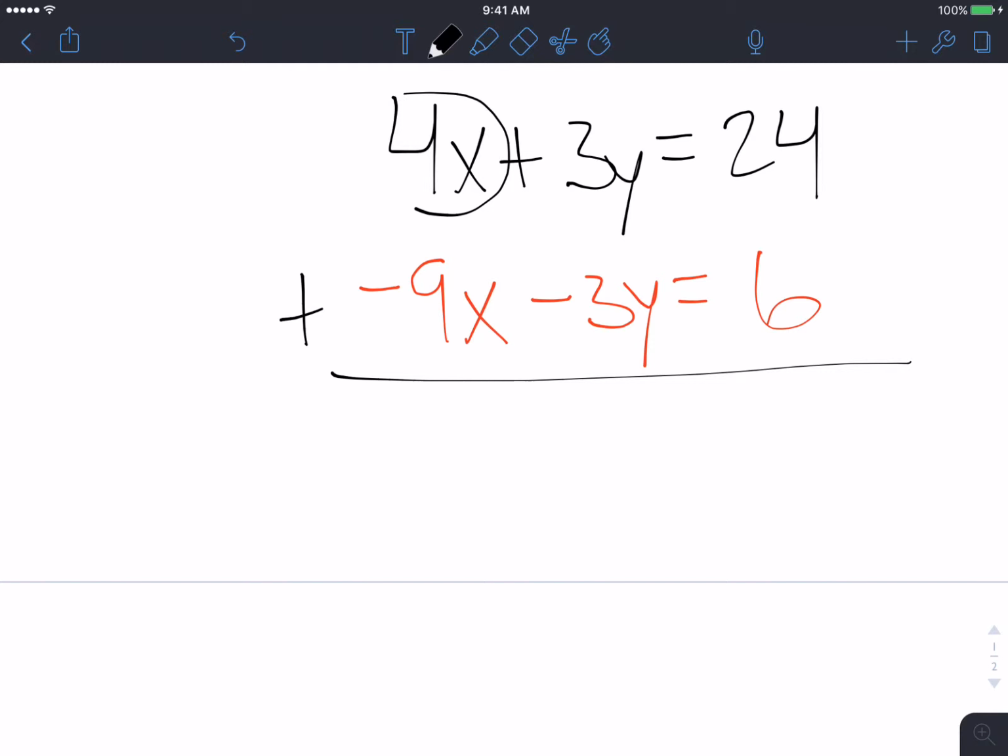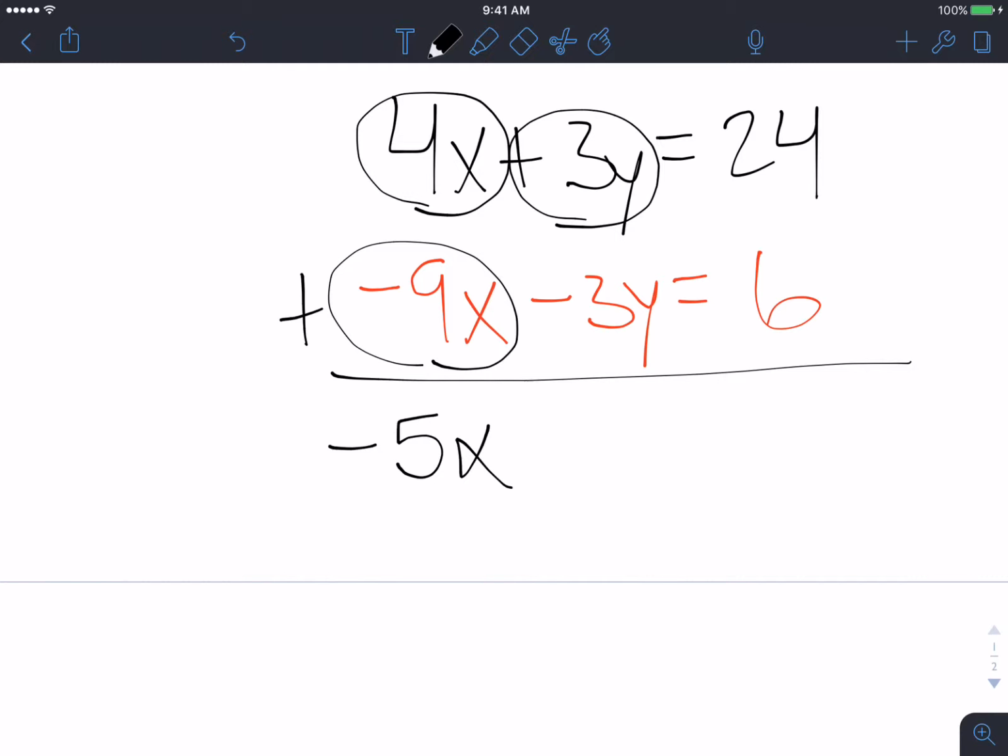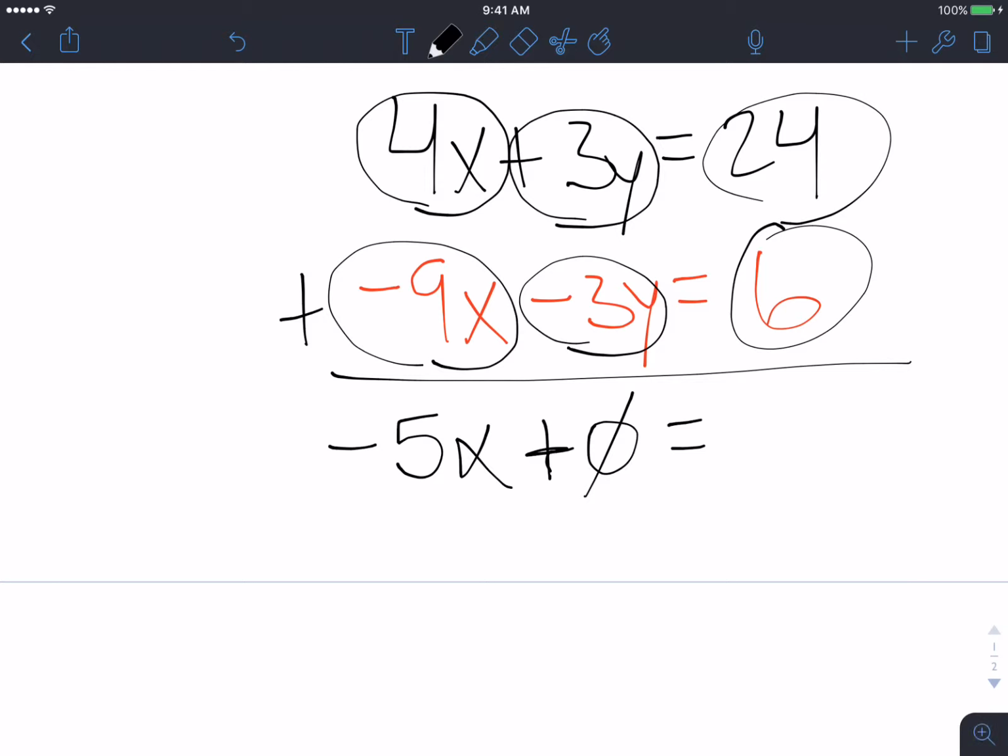So 4 plus negative 9 will give you negative 5x, and positive 3y take away 3y will give you 0, equals 24 plus 6 is 30.